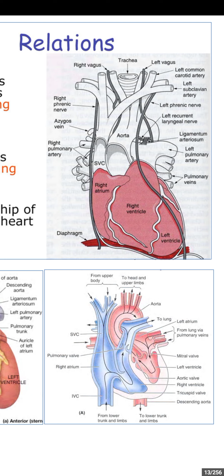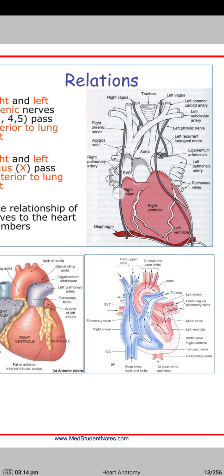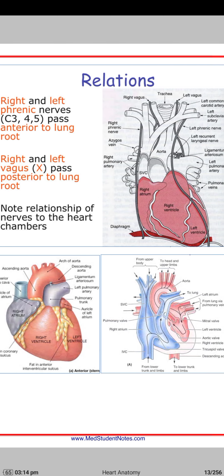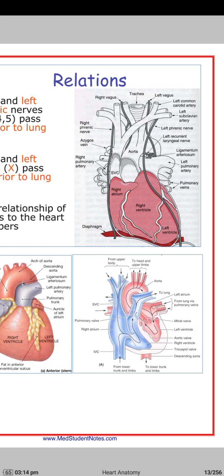So you can see the left vagus is close to the left common carotid artery and right vagus is through the subclavian artery. So these nerves, left phrenic nerve and right phrenic nerve, pass anterior to the lungs. So it is close to the anterior portion of the lungs.